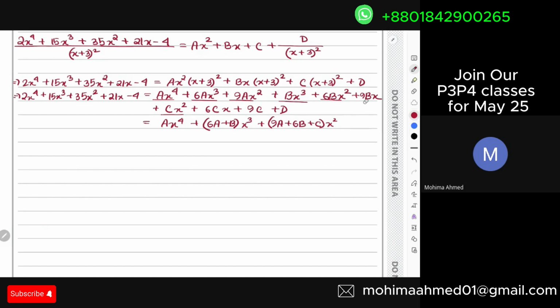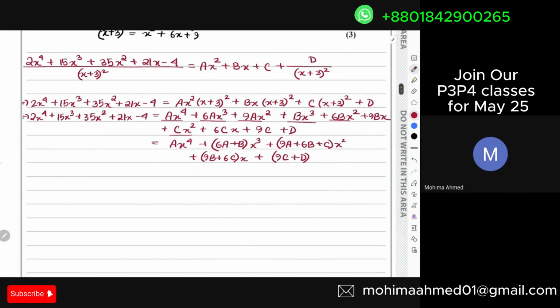And after that, only for x, we have 9bx plus 6cx, right? So 9b and 6c. So you can again write 9b plus 6c x, and finally for the constant, you can see that you have actually two constants. So you can write this as 9c plus d, and this all equals your 2x power 4 plus 15x power 3, 35x square, 21x, minus 4, right?